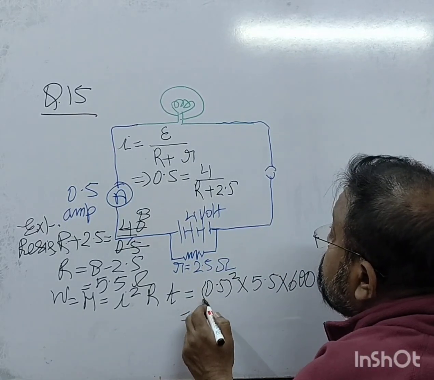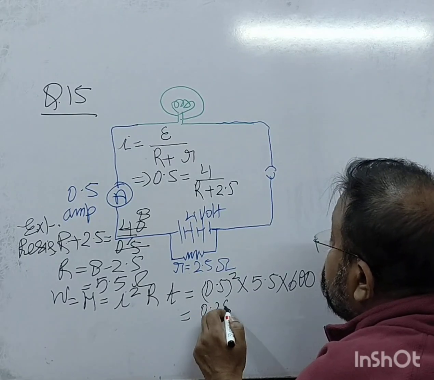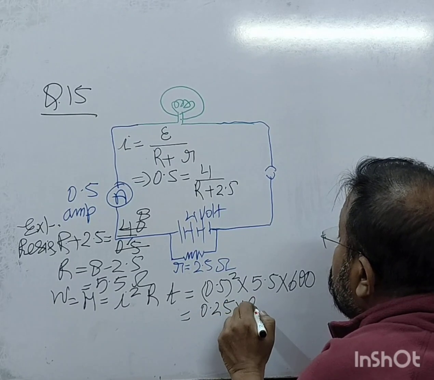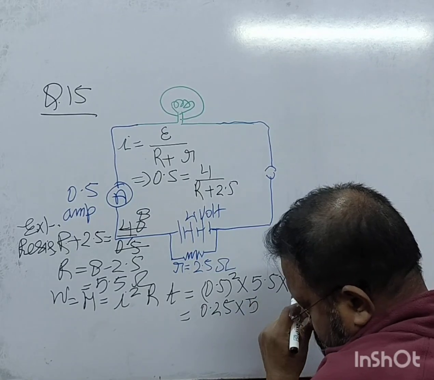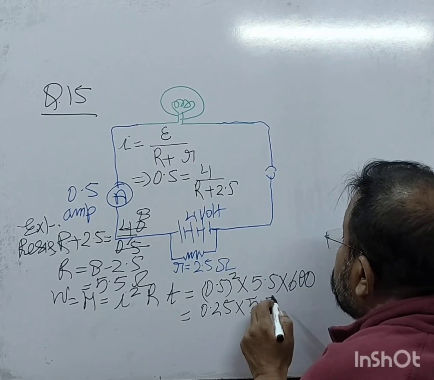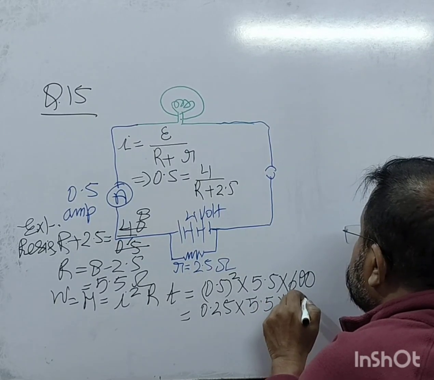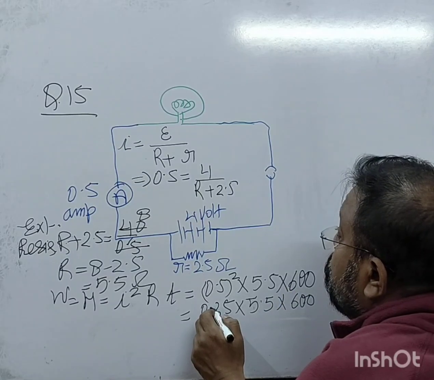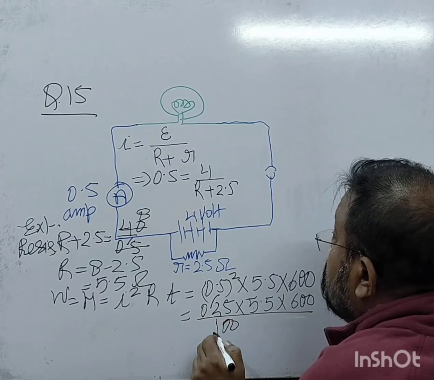So this is 0.25 into 5.5 into 600. You remove this decimal from here and take 100 here.